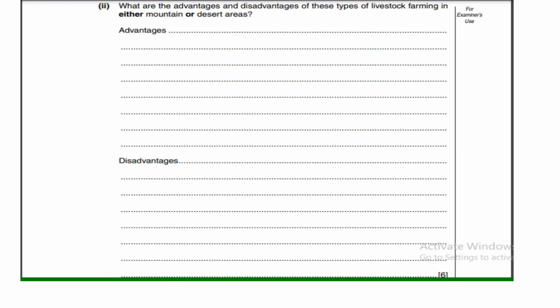Disadvantages, again, if you remember overgrazing, we referred to in Balochistan, in the desert areas, when animals extensively feed on the grasses and natural vegetation, it doesn't get enough time to replenish and regenerate. Then obviously they are on the go.